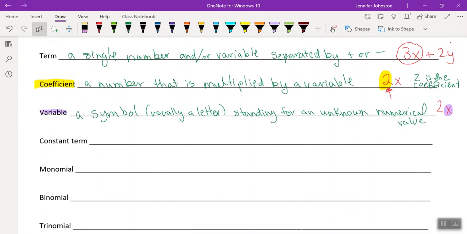All right, and then we have our constant term, which is a number without a variable. Or it could be a variable that has an exponent of 0, because a variable with an exponent of 0 is 1.